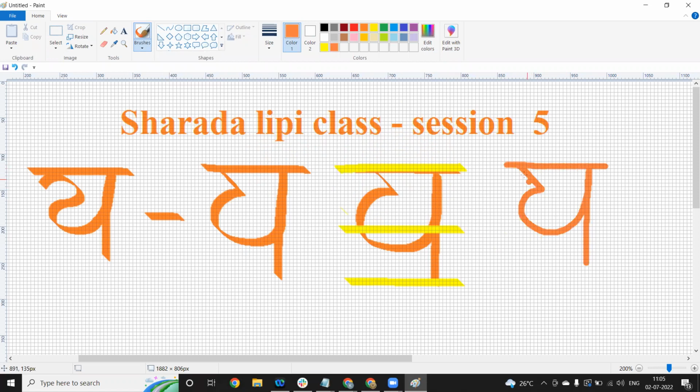So the only thing to note here is this slant. Unlike what we have in Devanagari, we have this slant here in the beginning and then this curve that we draw, and it touches the Shirorekha and then this vertical stroke here. So this is year. The only difference is the beginning of the year. The rest of the letter is almost similar to what we have in Devanagari also.